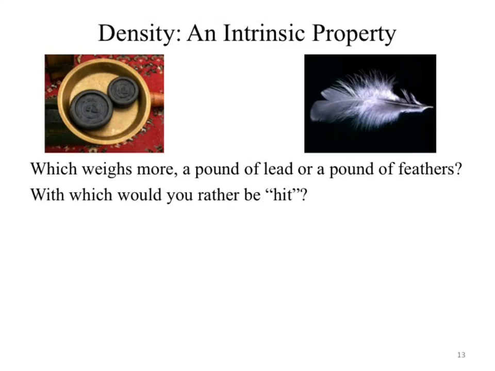So why do we have this kind of instinct to switch the other direction? Well, one of the kind of psychological arguments has to do with density. That we think of lead as this big, heavy object, and we think of feathers as being this big, light thing. Well, when we're thinking of that, what we're really doing is doing a comparison of mass to volume.